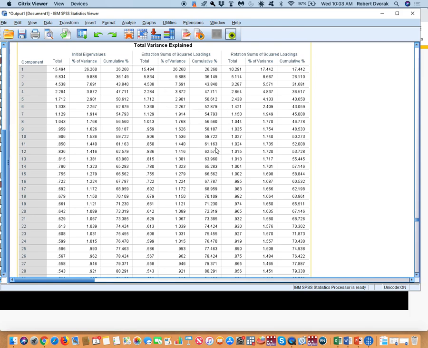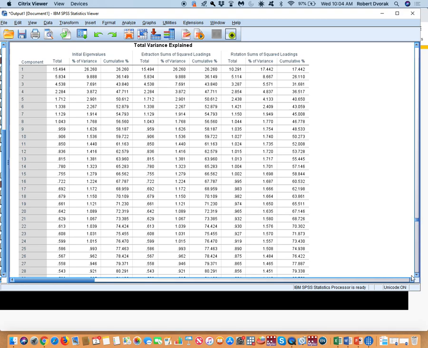When we say we're going to stop at an eigenvalue of 1, it will stop based on unrotated factors, not on rotated factors, right? And so consequently, we wind up with rotated eigenvalues that stretch all the way down to 15, and it's very hard to say that there's a difference between 15 and 16 here. The stopping should occur on your unrotated eigenvalues, not on your rotated eigenvalues, right?